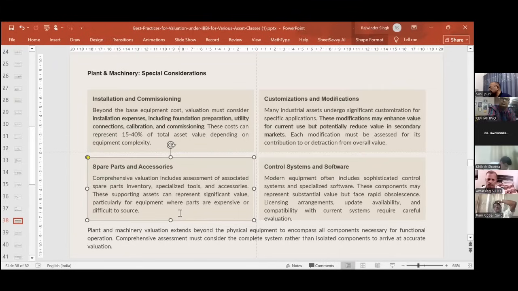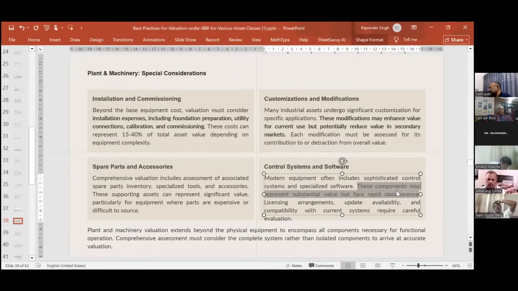And then, an important thing, control systems and software. Sophisticated control systems and specialized software may represent substantial value but face rapid obsolescence.